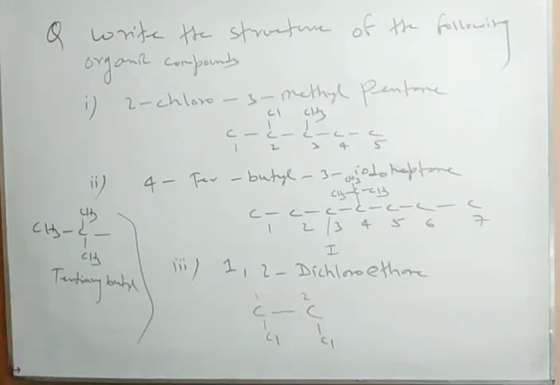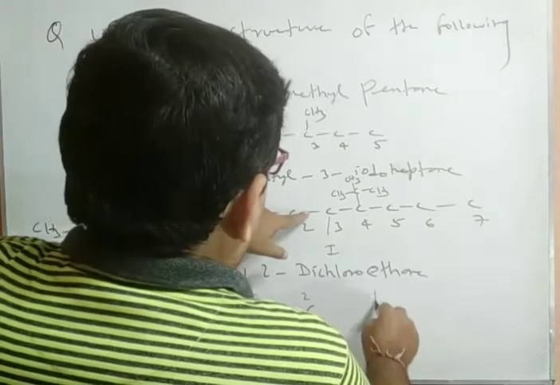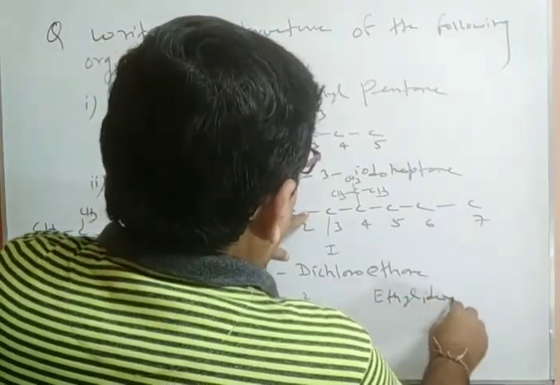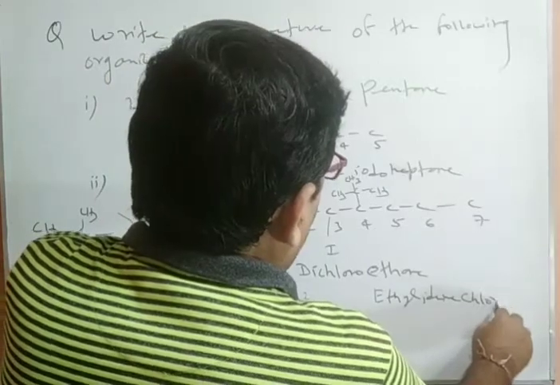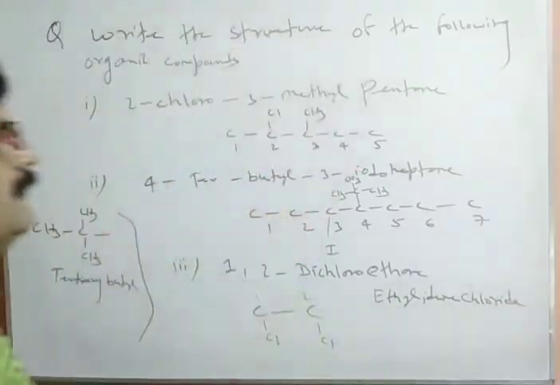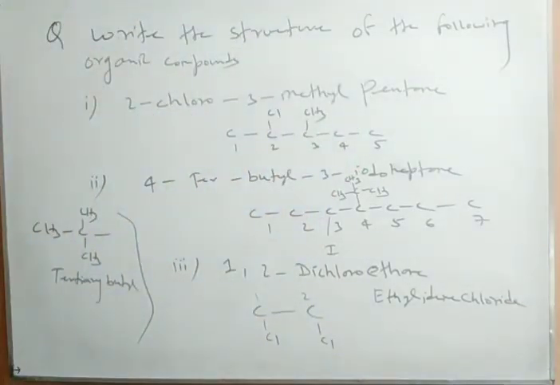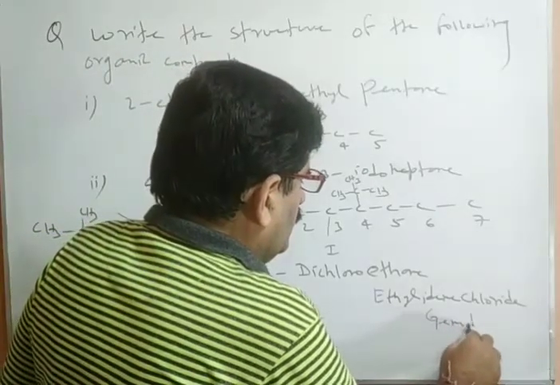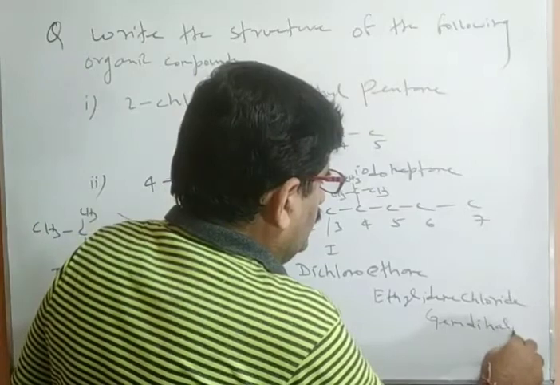So the IUPAC name for this compound is 1,2-dichloroethane. It is also known as ethylene chloride. It is also called vicinal dihalide.